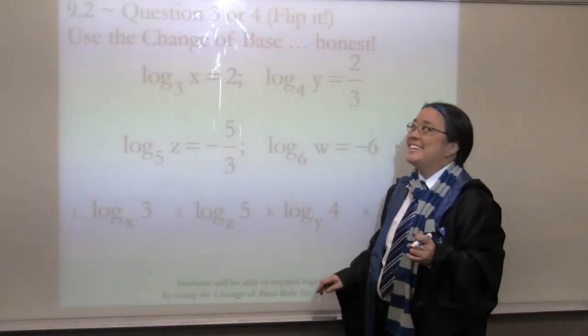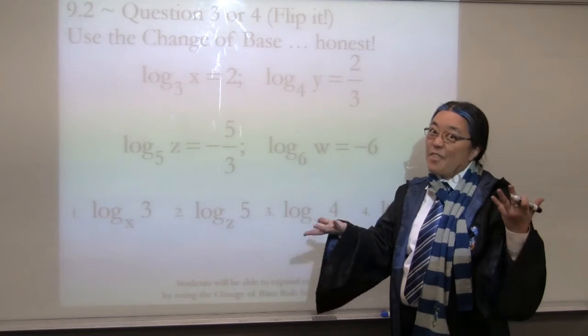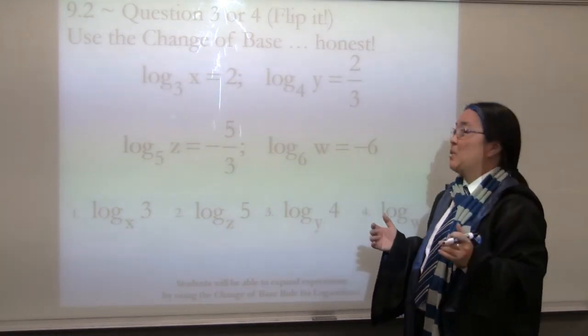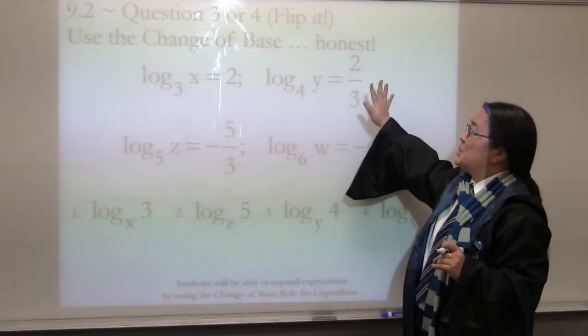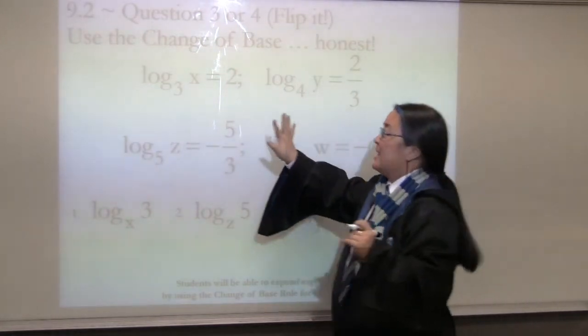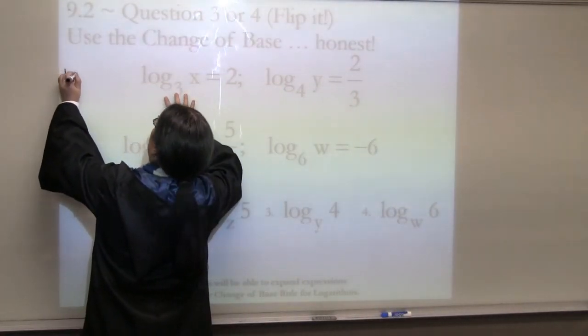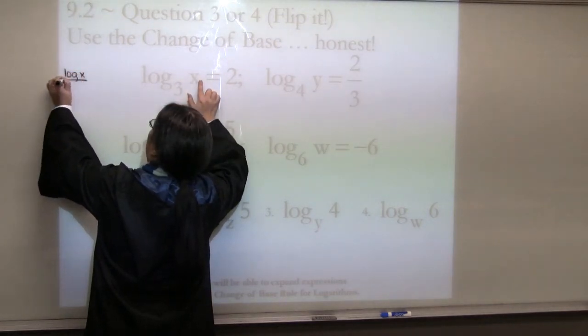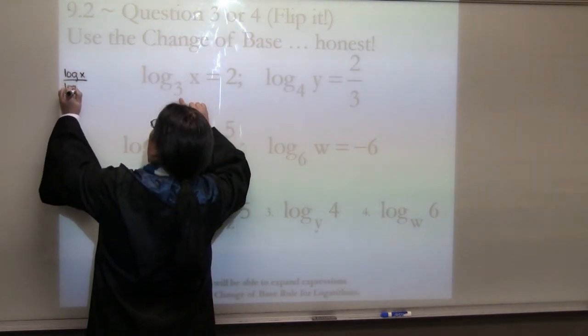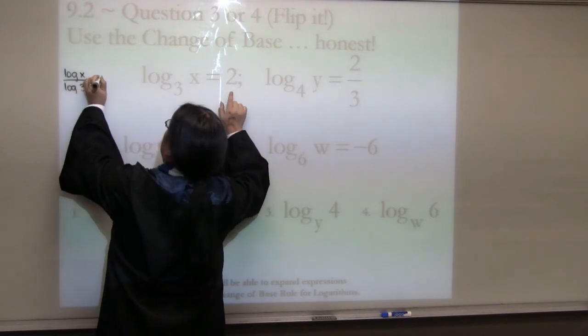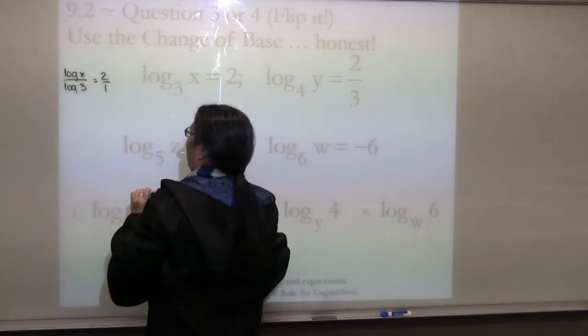Chapter 9, Day 2. Question, again, 3 or 4, because I'll be mixing around the orders on these. Now, it says use the change of base honest. If I were to do the change of base on this, it would be log x on the top and log 3 on the bottom is equal to 2, which would be 2 over 1.